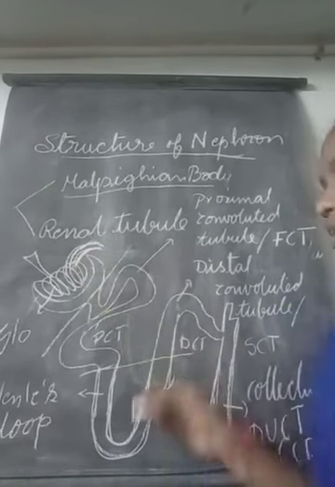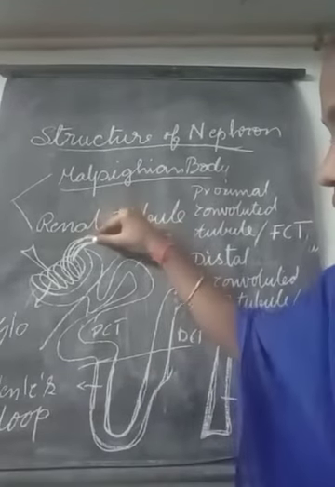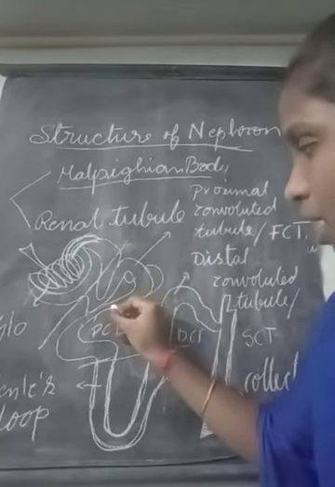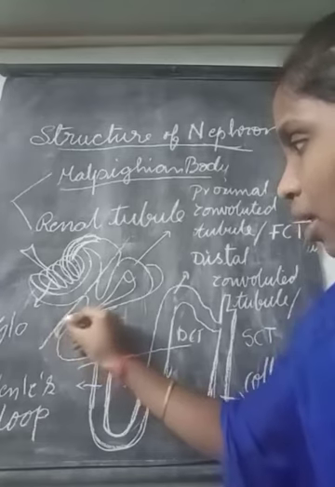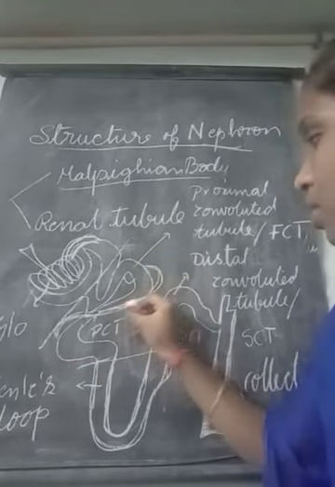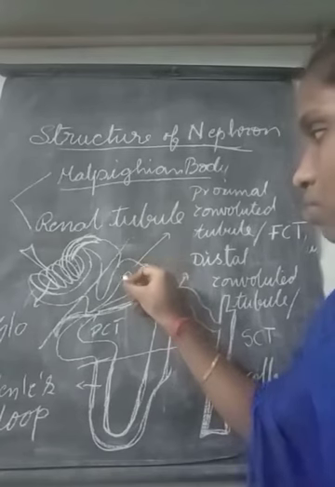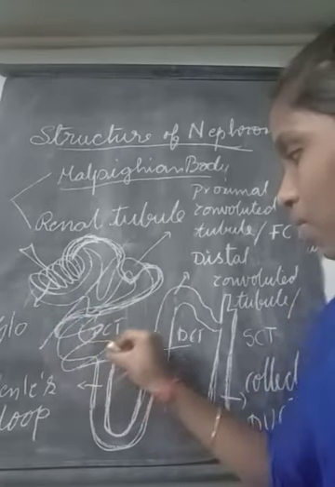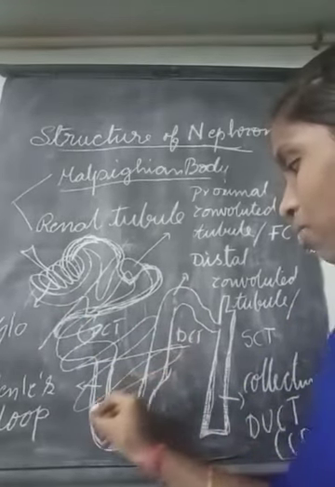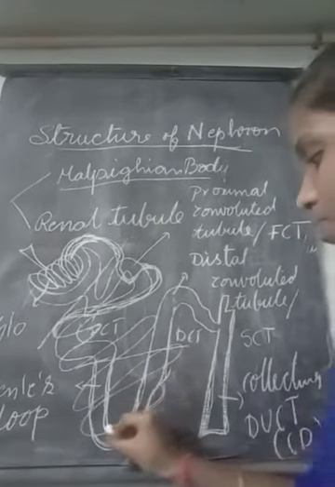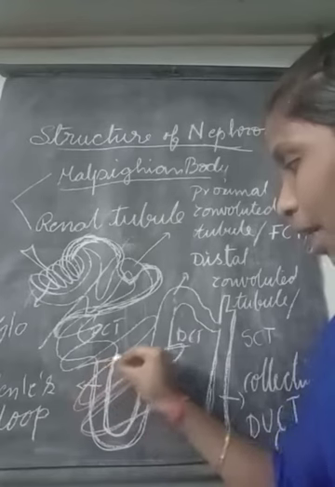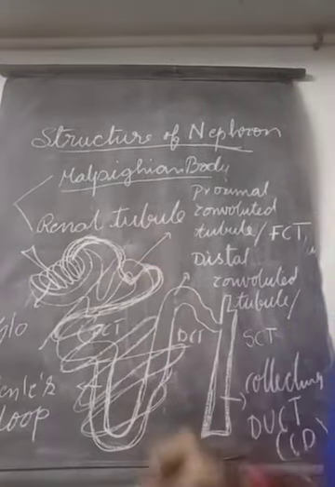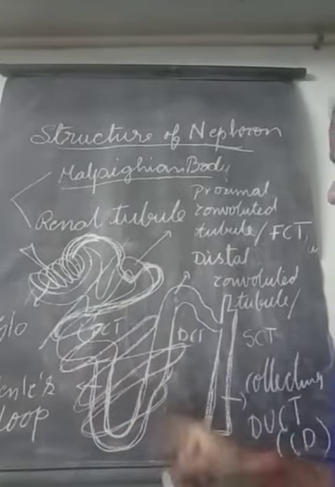Now this efferent arteriole, which is coming outside, forms a network around the renal tubule. Network means around the tubule it forms a mesh-like structure. The entire tubule will be covered by a network. In your textbook diagram, you can see clearly a mesh-like covering around the tubule.